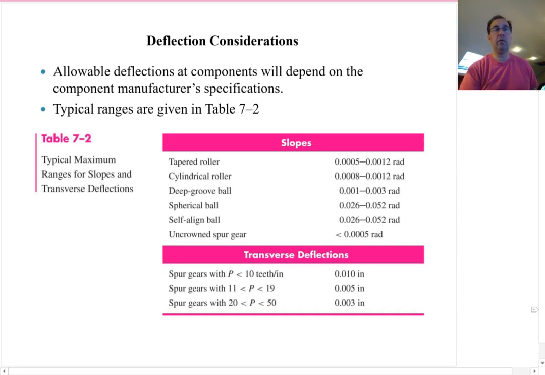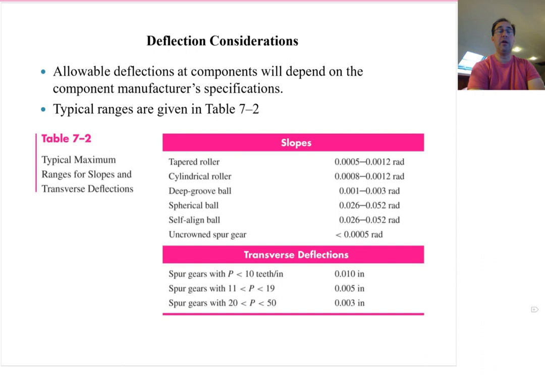Okay, so here are some typical ranges for slopes and transverse deflections. Once you use an FEA code to calculate what your actual slopes and deflections are on your shaft design based on your static loads, then you can compare that to the allowable ranges on table 7.2 for gears and bearings in particular.